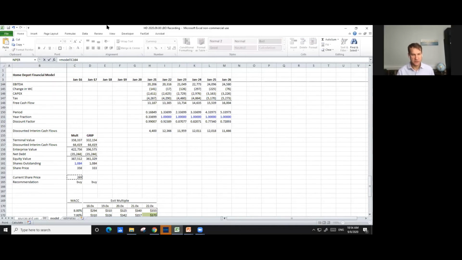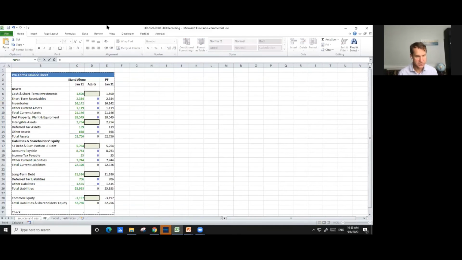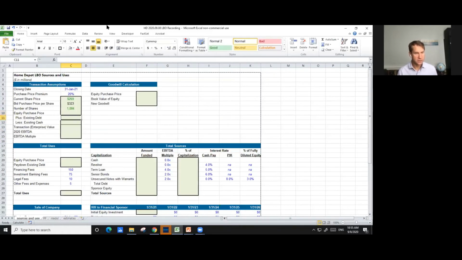For me, it's in the model at the bottom in row 164. And then bid purchase price will be current share price multiplied by 1 plus the premium, 20%. So it's going to be $323 per share. Number of shares I will take from the model in row 161.